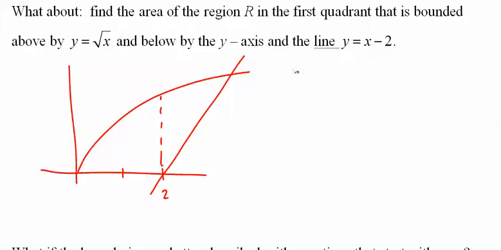So we'd have an integral from 0 to 2 of square root of x, and then an integral from 2 to the intersection, which I believe, no, I don't know what it is. It's going to be some big, huge, ugly number. We'll call it 4. Yeah, sure, 4 works. Of root x minus x dx.